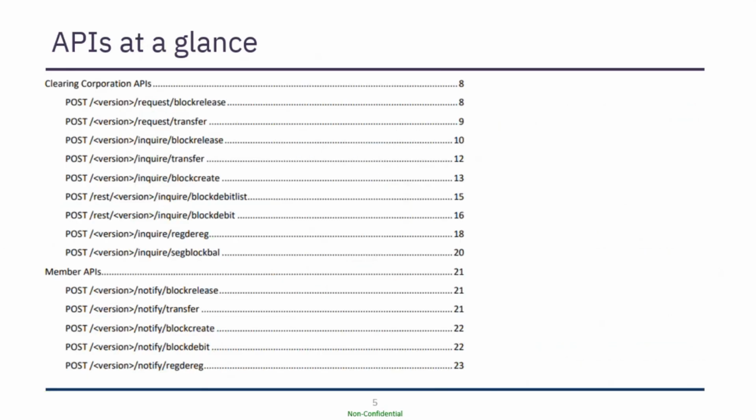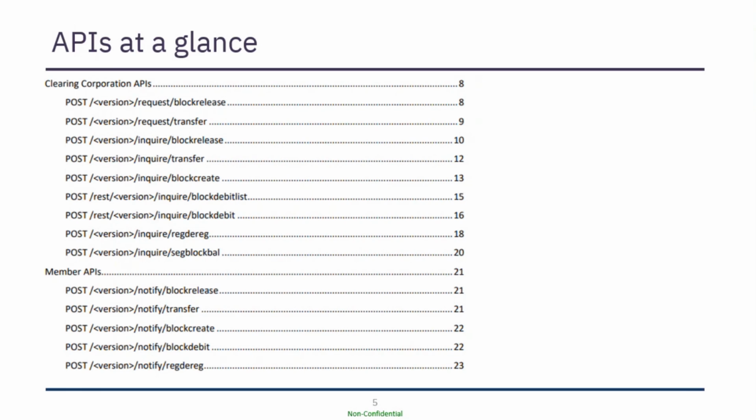This is just a brief summary of what APIs there are. Again, the details are in the circular that I mentioned, but some APIs are to be hosted by the CC and some APIs are to be hosted by the member. These are push APIs, so whenever we want to notify something to the member, that is when we call the API hosted by the member.